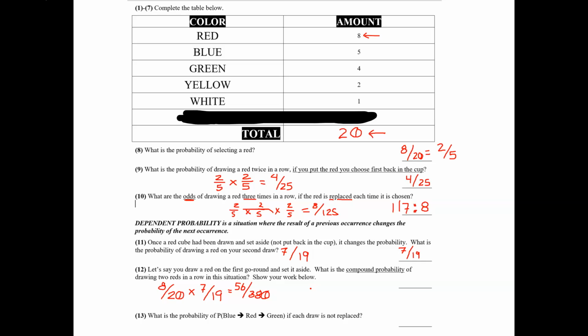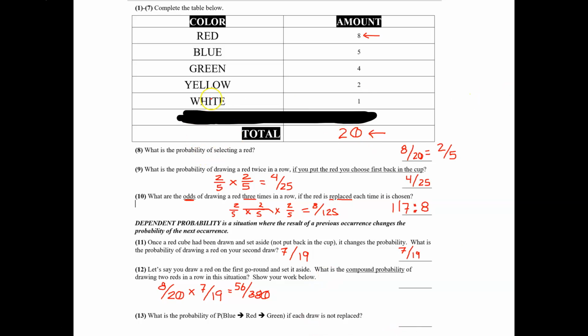Now, 56 over 380, those are both even. So 56 divided by 380, that's a little hard one. So let's see, 56 divided by 2 is going to be 28. 380 divided by 2 is 190. So those are both even. We can go farther. 56 divided by 4 is 14. 380 divided by 4 is 95.